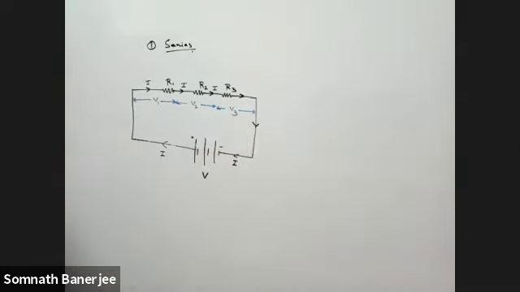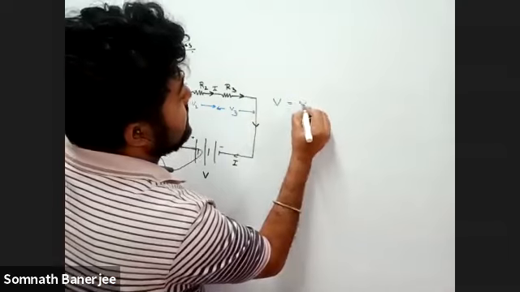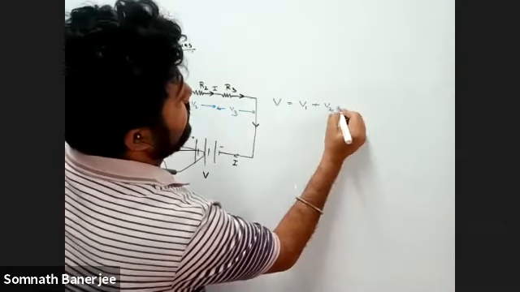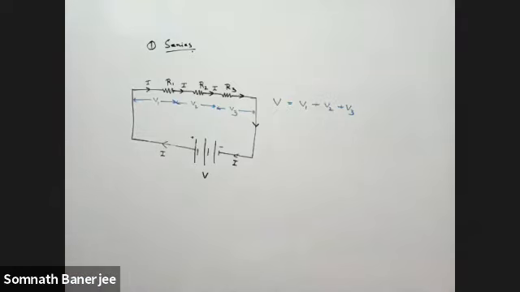So in series arrangement, total voltage is the sum of the individual voltages. So we can say V1 plus V2 plus V3 is the total voltage.